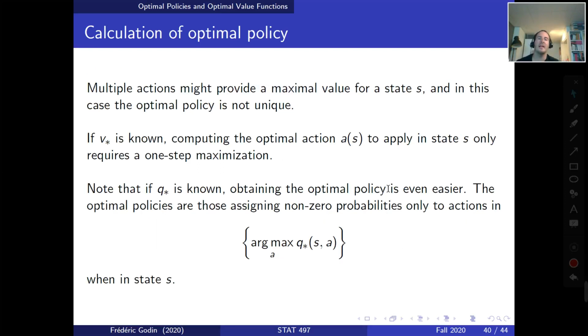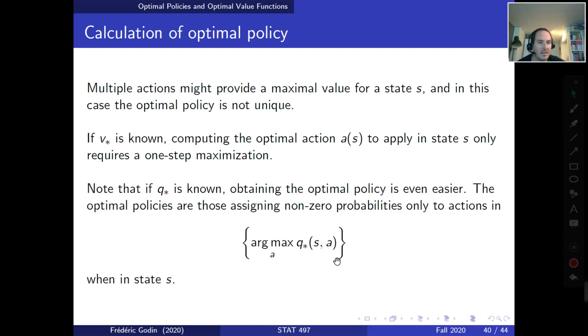So if we know V star, computing the optimal actions in each of the states is somewhat straightforward. Now, if we assume Q star is known, it's even easier to get the optimal policy, because the optimal action in a state S is simply the one which maximizes Q star.